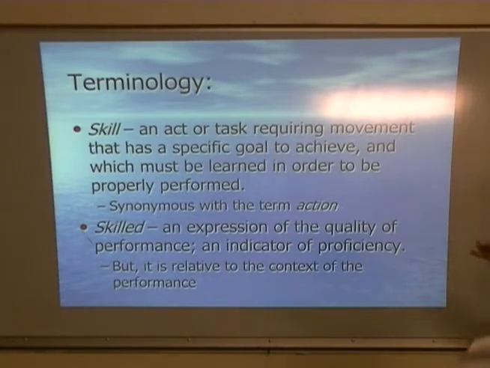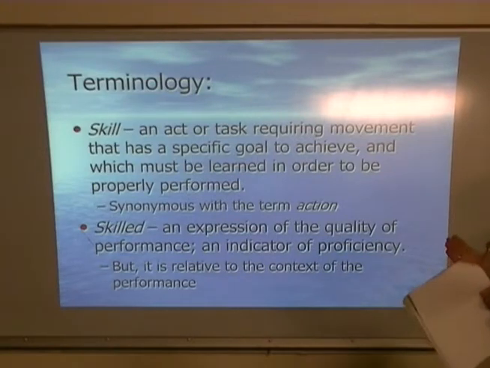You could also call it action, right? So what's the task? Skilled means that the quality of the performance, the competence of the skill, is proficient, right? So how skilled am I at this task, right?